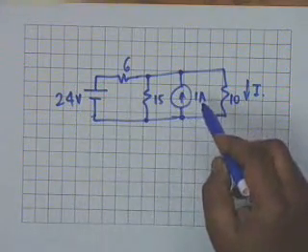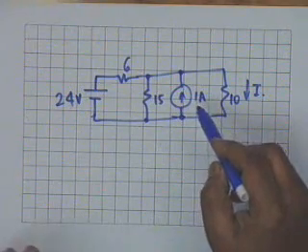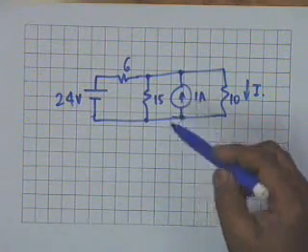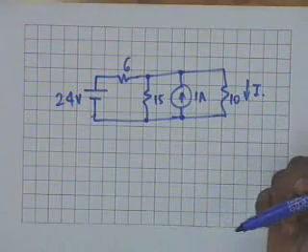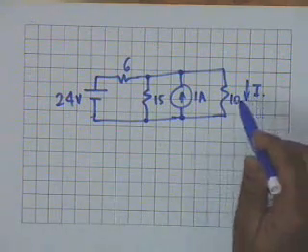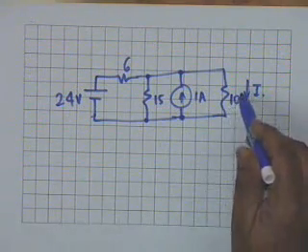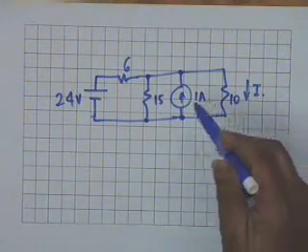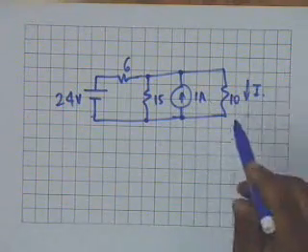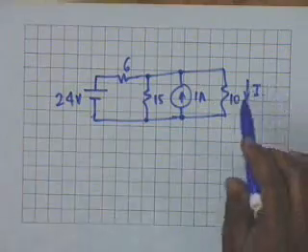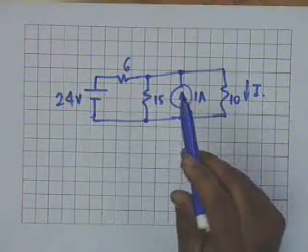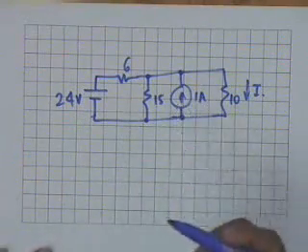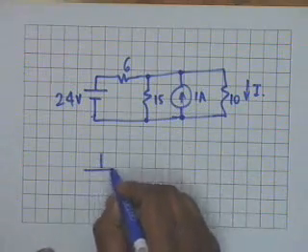the 1 ampere source. In other words, removing the 1 ampere source or open circuiting the 1 ampere source. That is I1, and I2 correspondingly is the current in the 10 ohm resistor when the 24 volt source is killed, which means short circuiting. So let's find out these two currents.